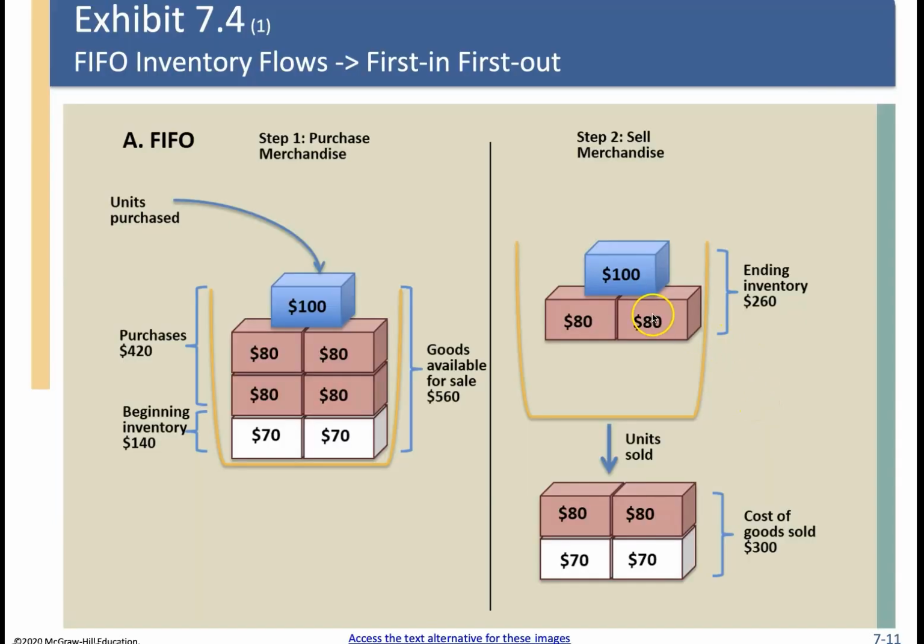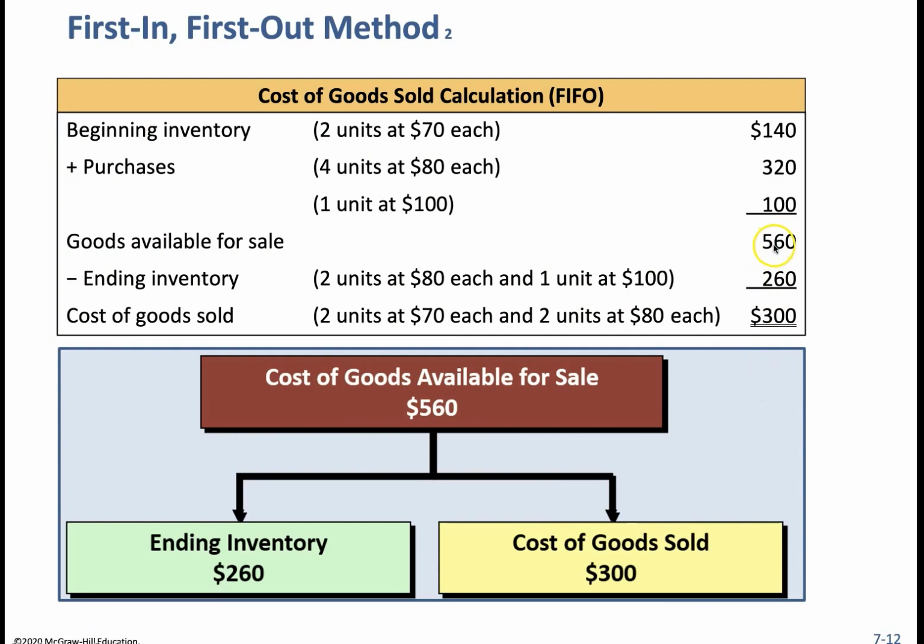If I use first in, first out, what's left in my bucket would be the 2 pieces worth 80 each and the 100, added up to be 260. So I know available for sale 560, I know ending inventory 260, subtracting 260 from 560, we know cost of goods sold would be 300.